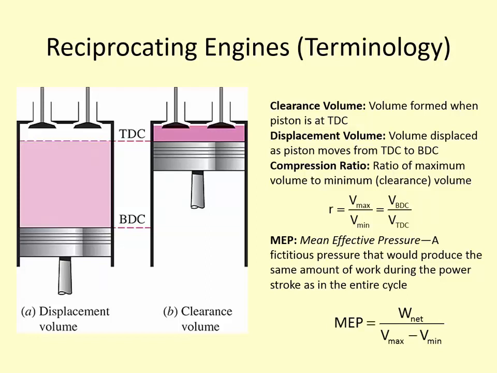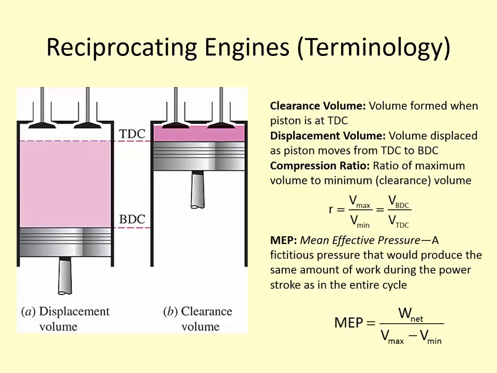The mean effective pressure is just this fictitious pressure that we would use if we were assuming this was a constant pressure process. And this mean effective pressure would be the pressure by which we could produce the same amount of work if it were a constant pressure, just the volume was changing. So P delta V would give us our net work.